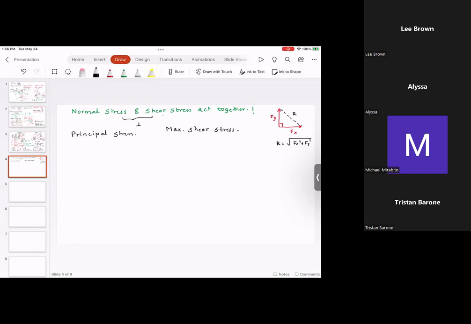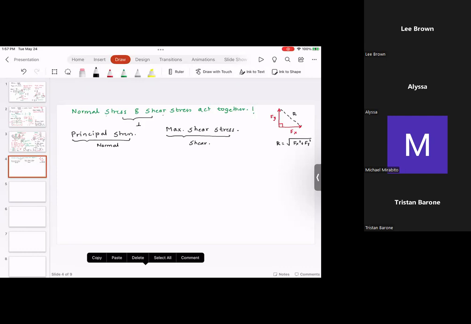So if the resultant is resolved in the normal direction, it is called the principal stress. If it is resolved in the shear direction, it is called the maximum shear stress. So principal stresses come into existence when normal and shear stresses act together.